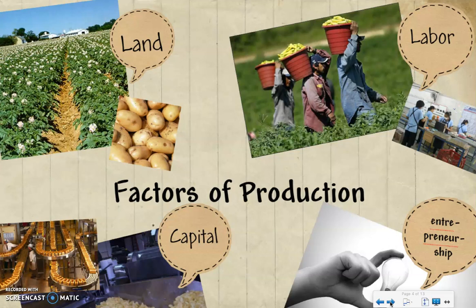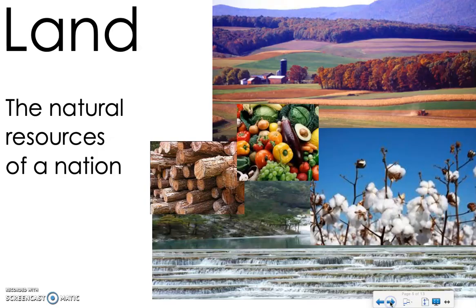The resources required to produce most goods and services include the four things on the screen: land, labor, capital, and entrepreneurship. We'll talk about each of them individually quickly. So land, you're familiar with this. Natural resources of a nation is what we mean by land.